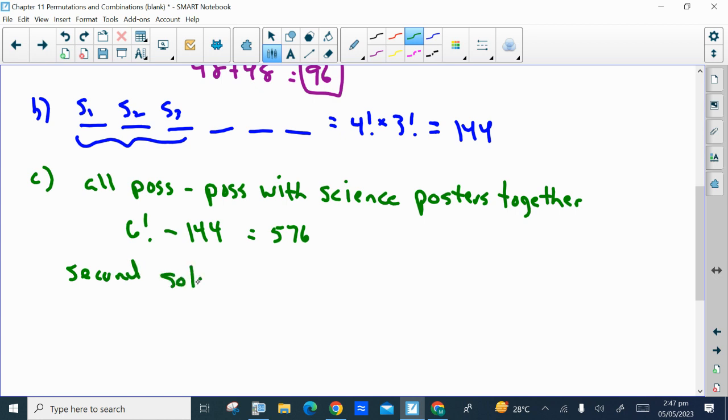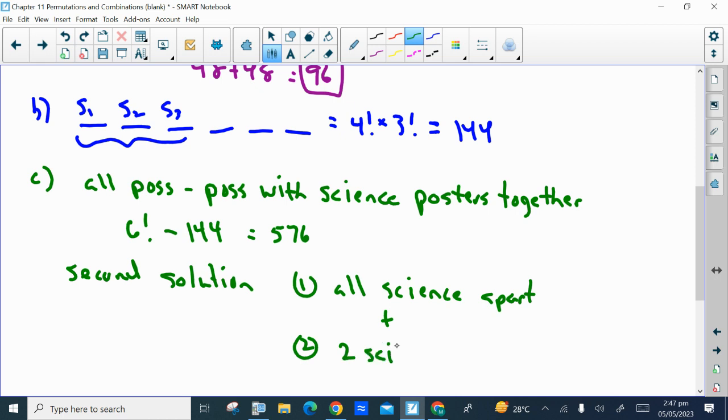For the second solution, you'd have to do 2 different scenarios. You'd have to do all science apart, plus the second scenario with 2 science together and the other one apart.